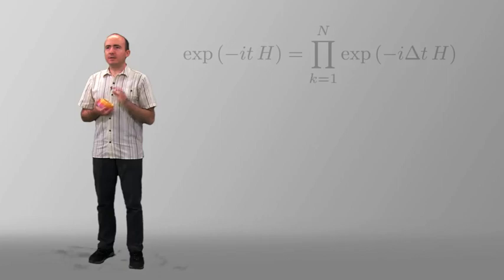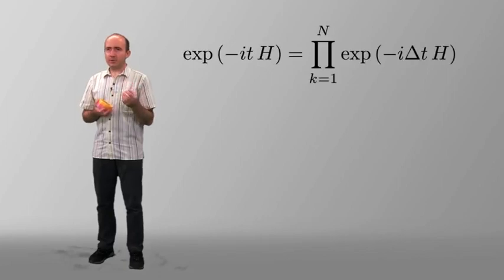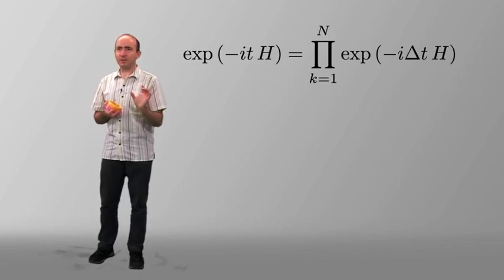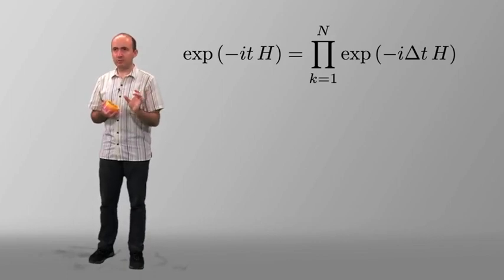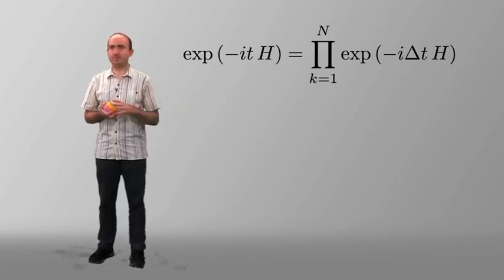The idea is to decompose the full time interval t into n steps, time steps of duration delta t equal to t over n. The full operator of evolution is now expressed exactly as a product of n infinitesimal operators of evolution, as displayed here.